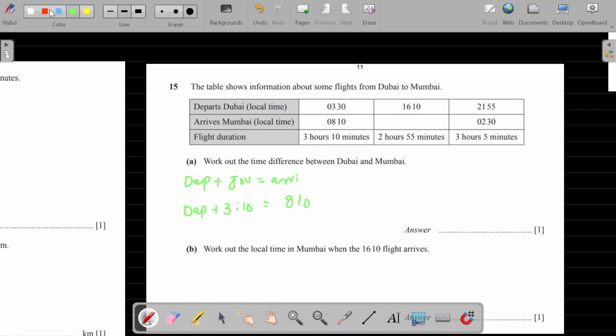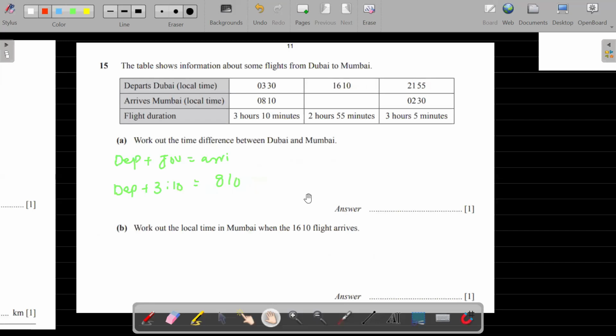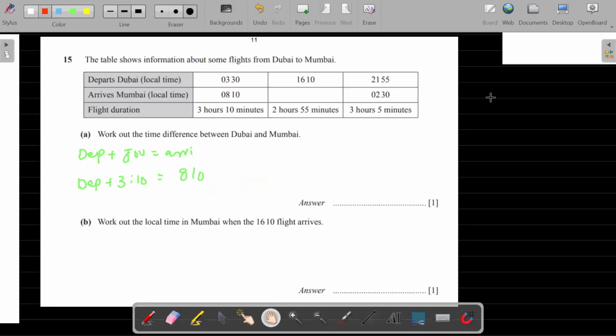I'm going to use my basic method, hours and minutes. I need to subtract. Departure 3:10, 8:10 minus 3:10. So here I will write 8:10 and subtract 3 hours 10 minutes from it.